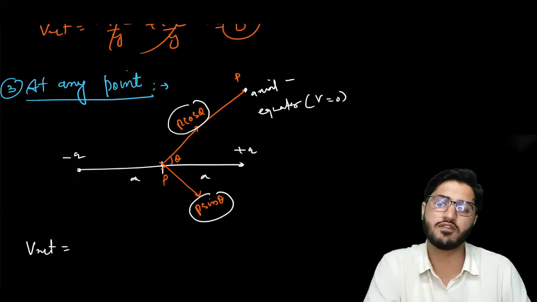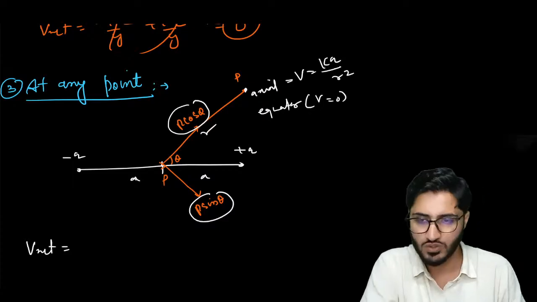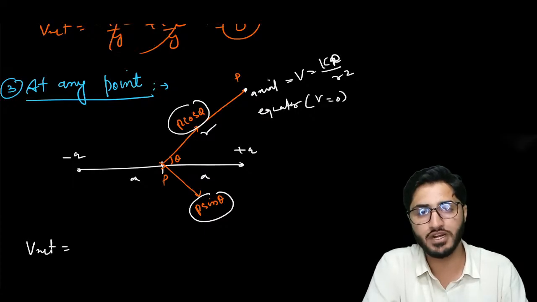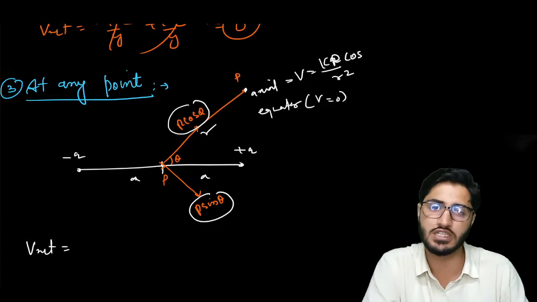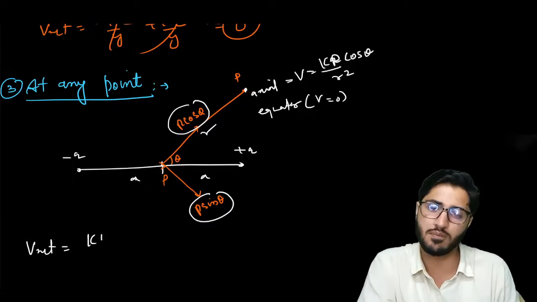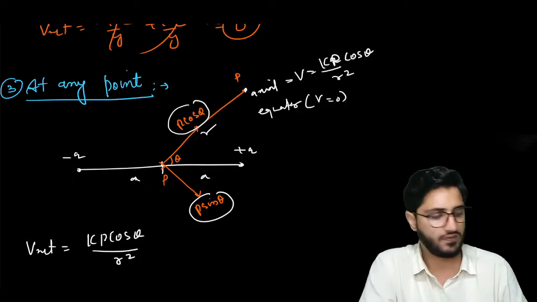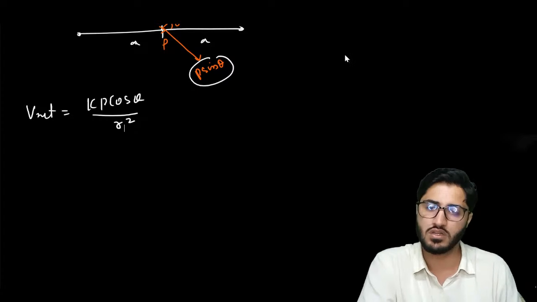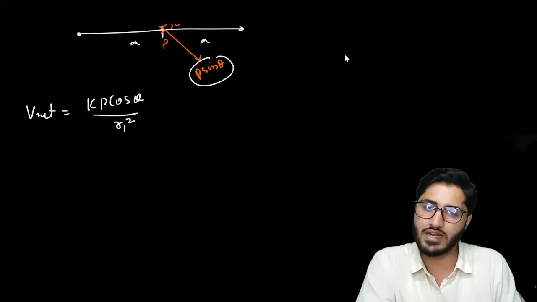For the axial point, what is V? Sir, it is kq divided by distance, it will be r square. But look, it is kp, sorry, it is kp, na? But here p is not p, it is p cos theta. So I will write V net is kp cos theta by r square. If I need to change it into vectors, I can do one more thing. I will write r cap here.